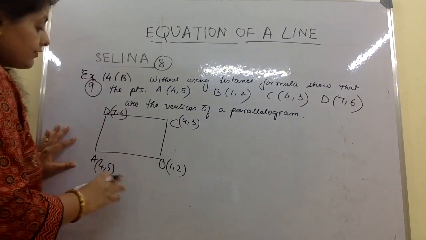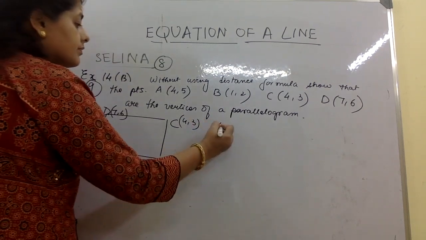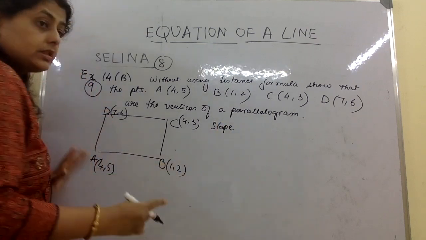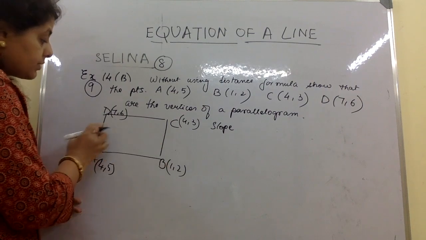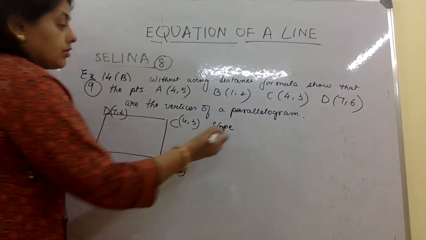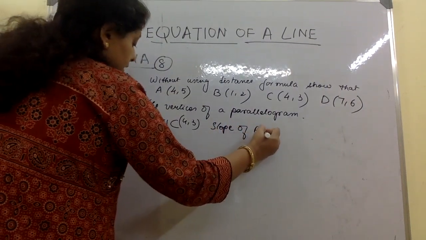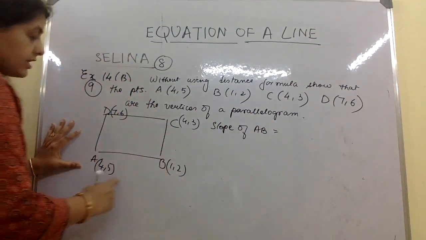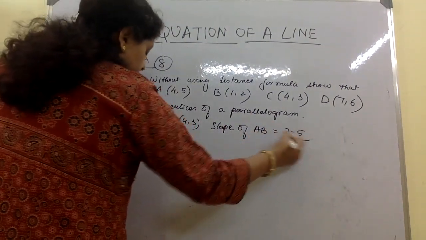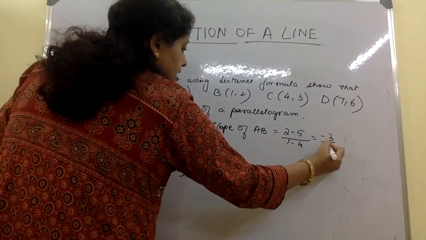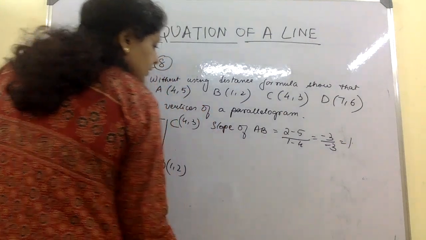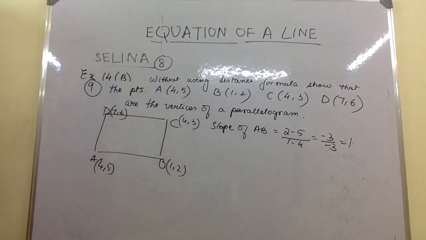Okay, so here first we'll find the slope of, no distance formula. With distance formula, how to prove? If I can show this part is equal to this part and this part is equal to this, it's a parallelogram. Okay, slope of AB. AB is how much? 2 minus 5 by 1 minus 4. That is minus 3 by minus 3, which is 1. Okay, slope of AB is 1.